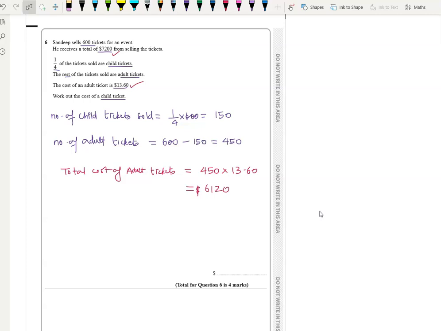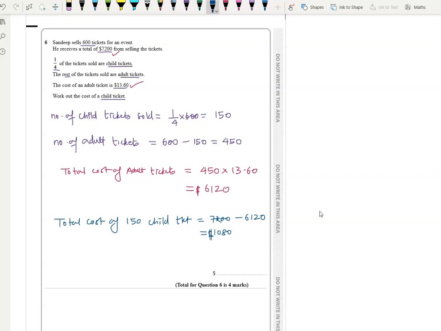So we can find the difference, that is the total cost of 150 child tickets is the difference between the amounts. So that is from 7200 you take away 6120, 7200 minus 6120, that gives you 1080.